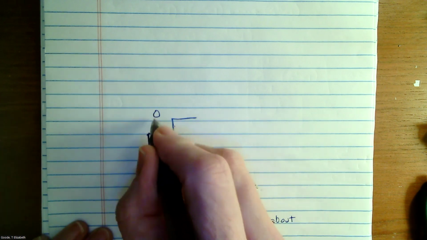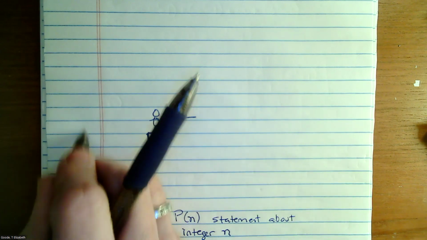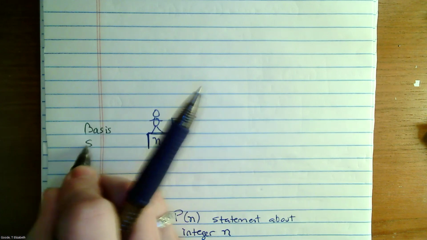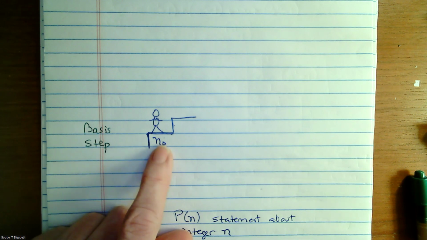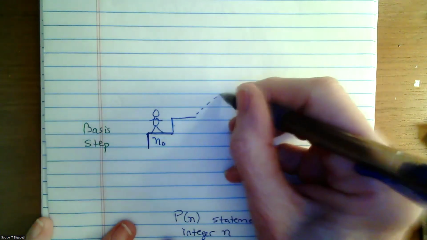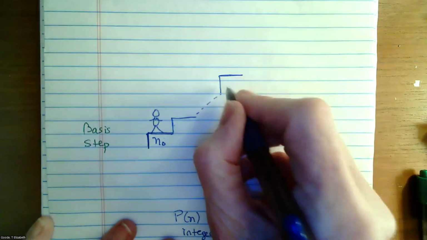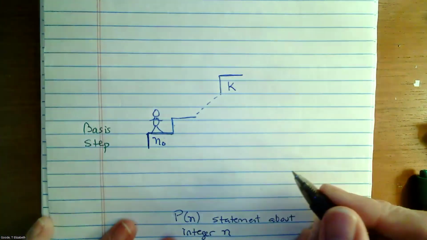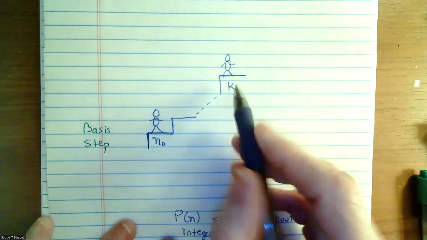So the first thing we want to do is prove that we can stand on that bottom step. We want to prove we can get onto the staircase. This is called the basis step, where we actually say, hey, at least this statement is true at some bottom low level value of n. We call that bottom level value n naught. Then what we want to do is this. Assume that if we're standing at step K, so here we are, we're standing on step K. We assume we can stand there.